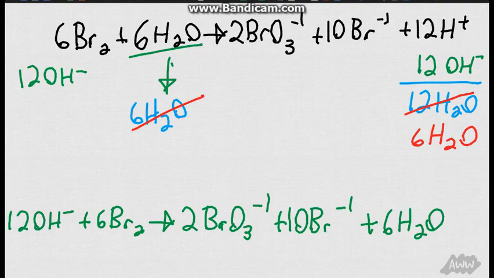So notice that because it's a basic solution, we only have hydroxides left. There are no hydrogen ions left, because in a basic solution that would not occur. So that is essentially how you would do the basic if it was in a base versus an acid.